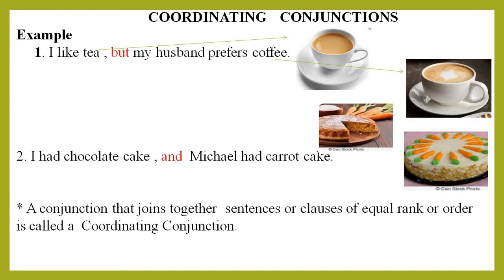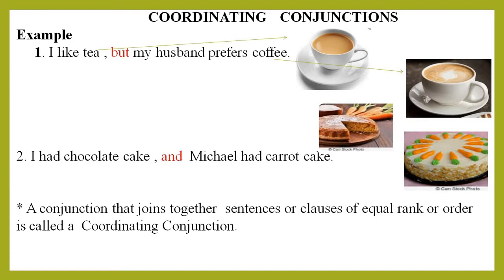So dear students, in the first example there are two sentences joined by the word "but", and in the second, the same reason: two independent sentences are joined by the word "and". So student, you can say that a conjunction that joins together sentences or clauses of equal rank or order is called a coordinating conjunction.